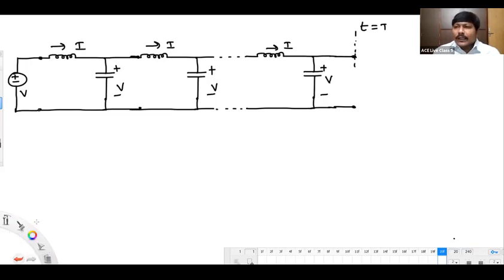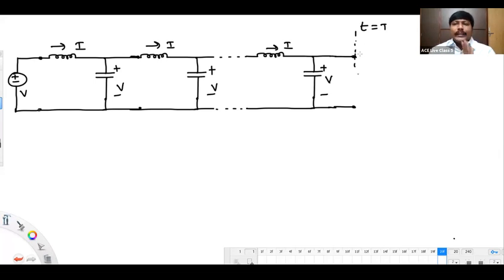Current is becoming 0 means what? Current is becoming 0 means magnetic energy is falling down to 0, na? But you know, according to the basics of energy, energy is neither created nor destroyed. It can be converted from one form to another. So the magnetic energy is going to be converted into electric energy. That is the other energy form available.